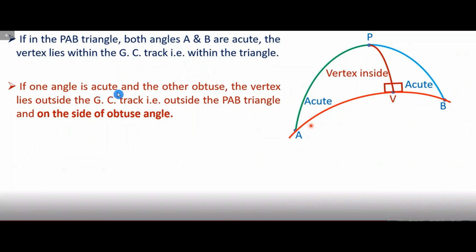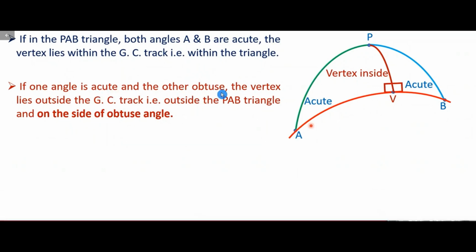So one angle is acute, other angle is obtuse.